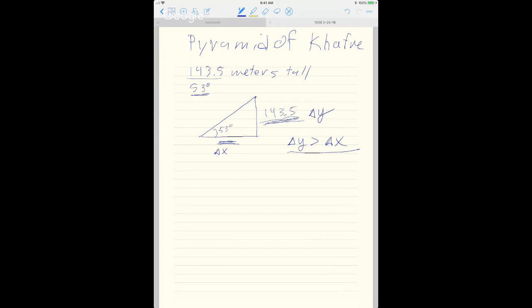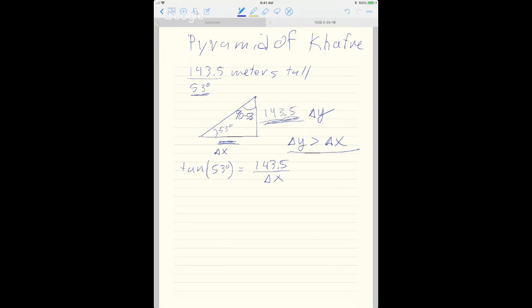Okay, so this is opposite over adjacent, so we're going to use the tangent of 53 degrees, and the opposite would be 143.5, and the adjacent would be what we're solving for. We'll call it change in x. There's no reason not to solve this angle instead, this 90 minus 53 over here.